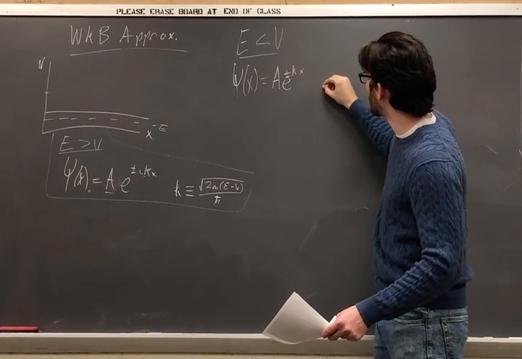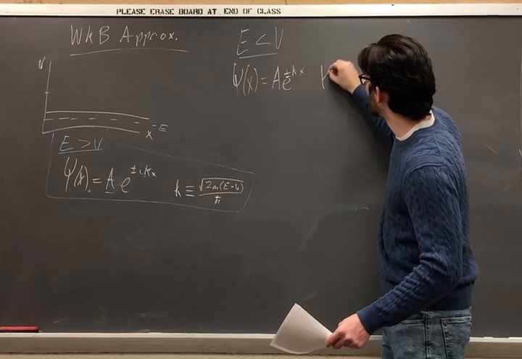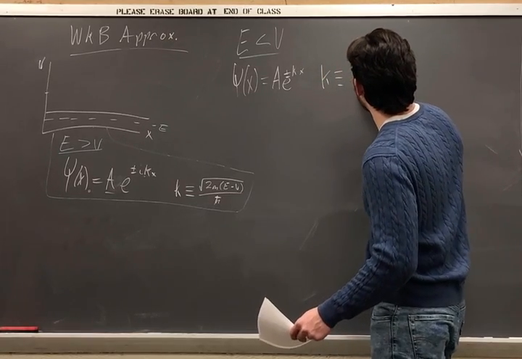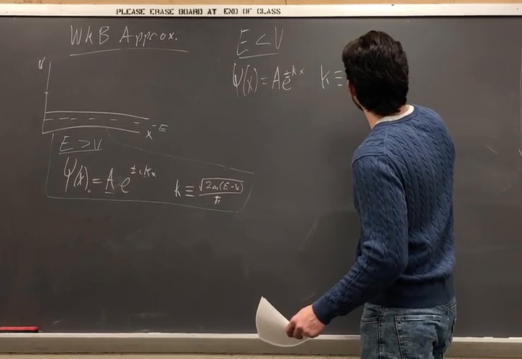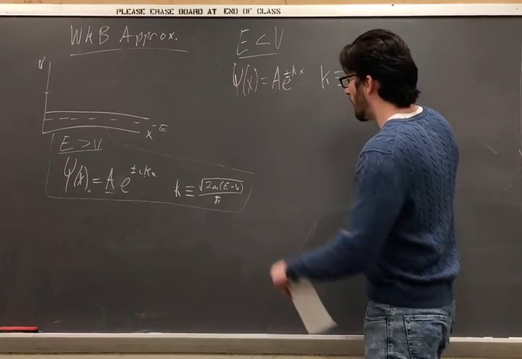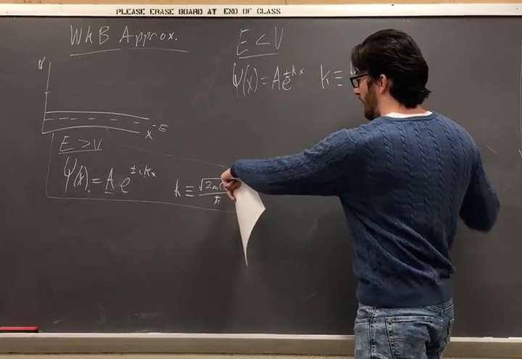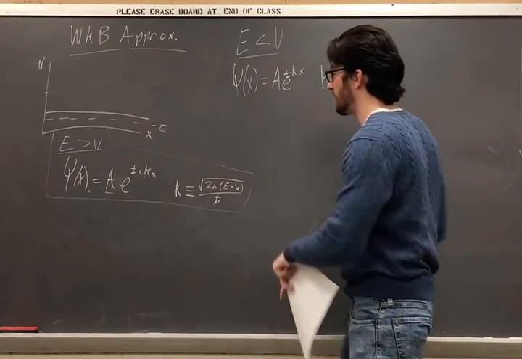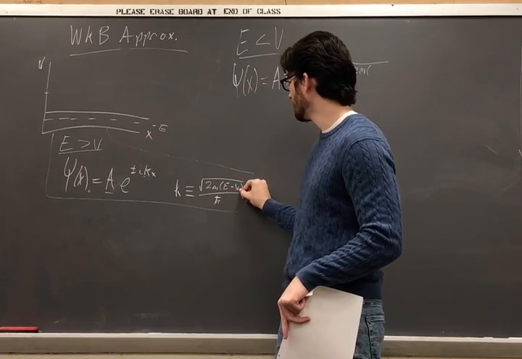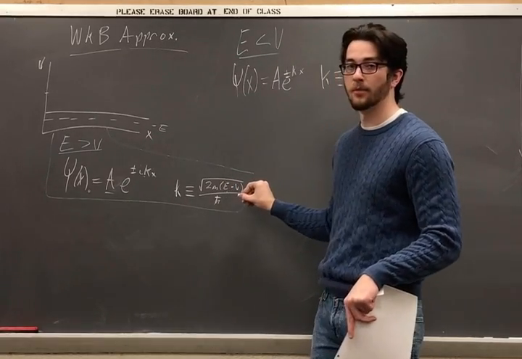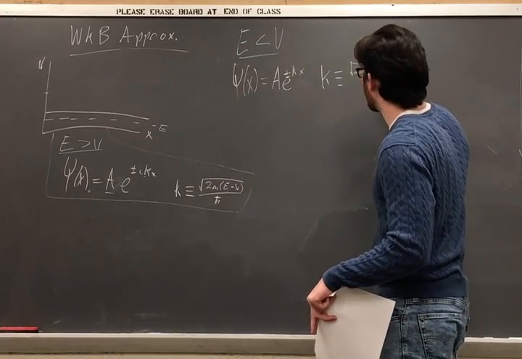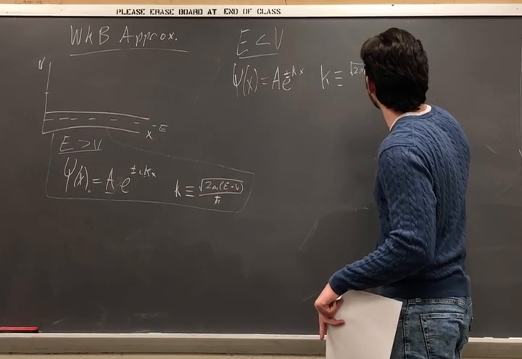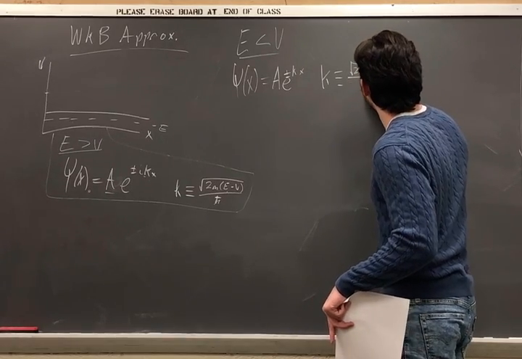But this time our k changes, giving us the square root of 2m. Now what changes here? E is now less than V, okay? So if E is less than V, then this will give us a negative number. We don't want that. So we'll just call it V minus E this time, over h bar.